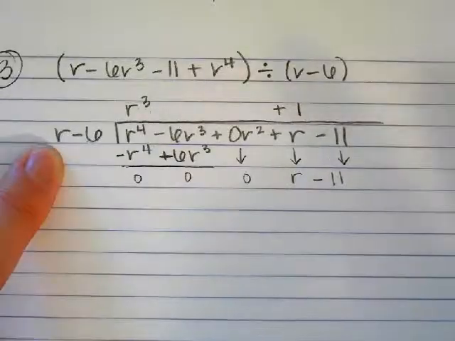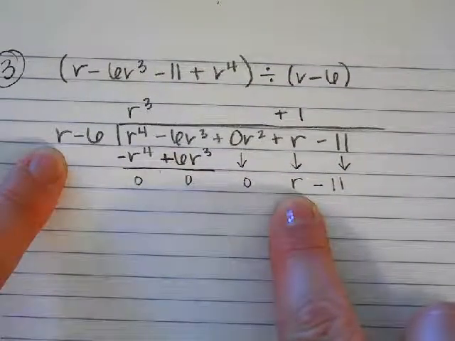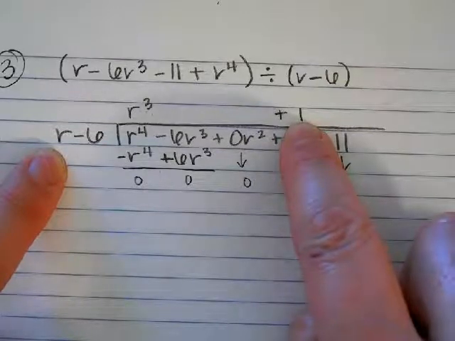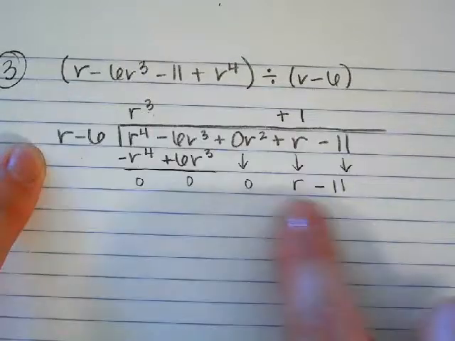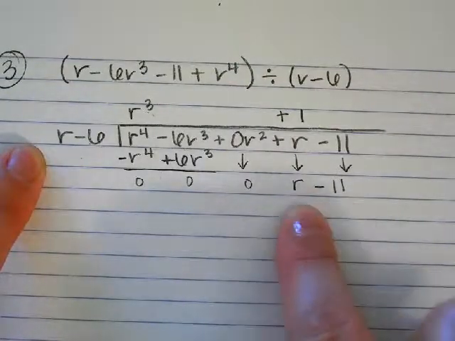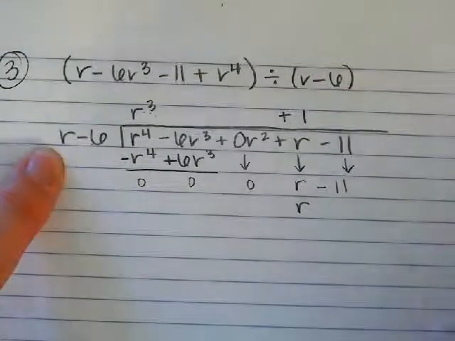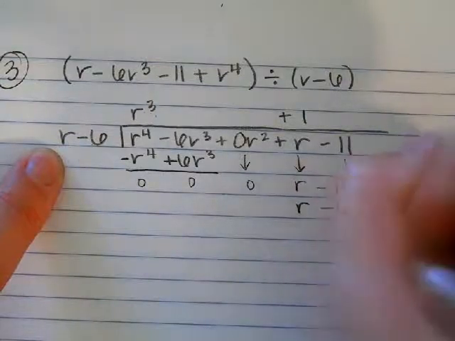It doesn't matter, okay? All right, so r multiplied by 1 is r, and now I can take that 1 on top, and I'm multiplying that 1 by both terms, and I'm lining it up underneath both terms. Okay, so 1 multiplied by r is r, and 1 multiplied by negative 6 is negative 6.